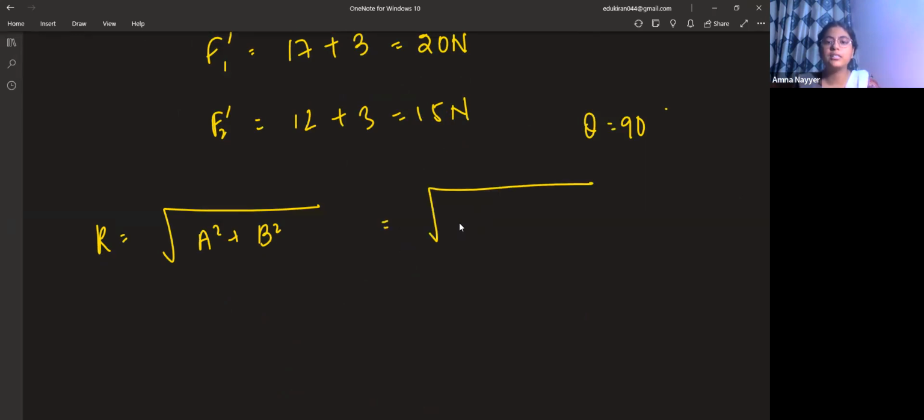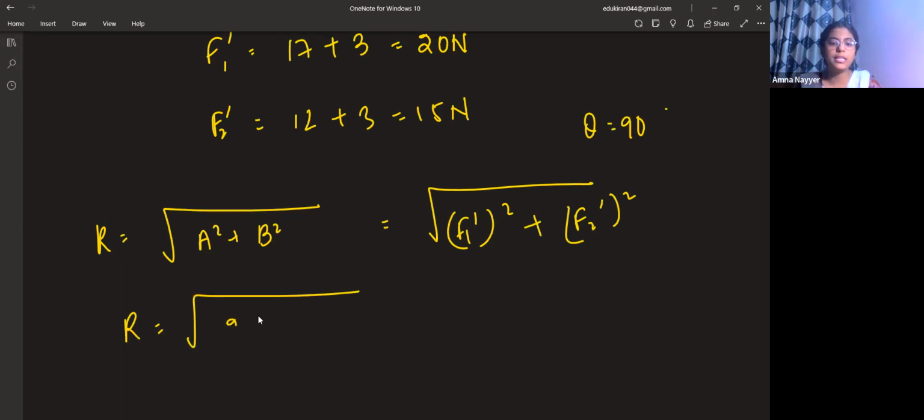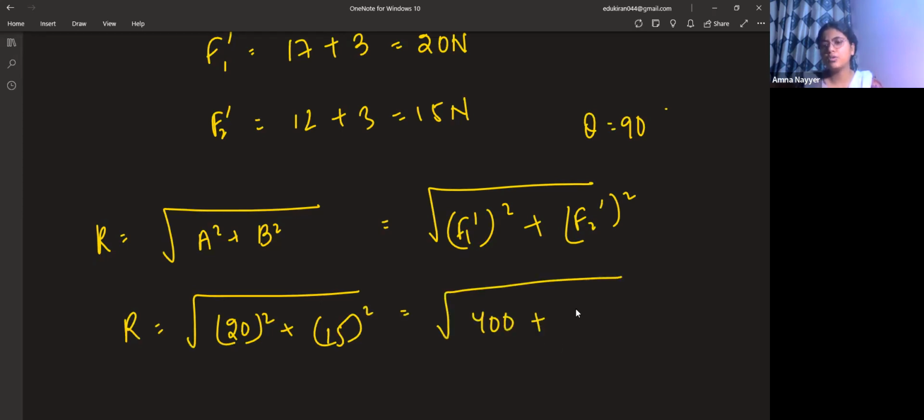This becomes first force, that is F1 prime square plus F2 prime square. So resultant will be under root 20 square plus 15 square. So this becomes 400. 15 square is 225. This becomes under root 625.